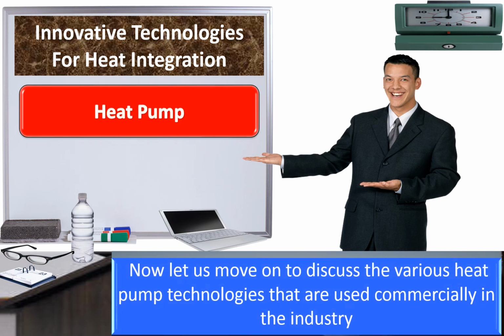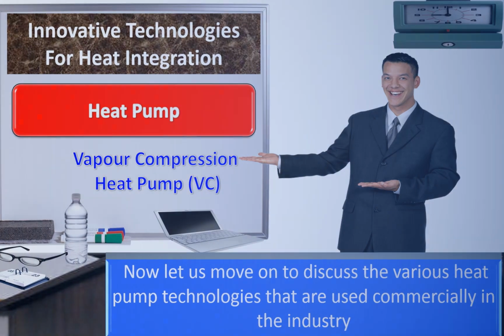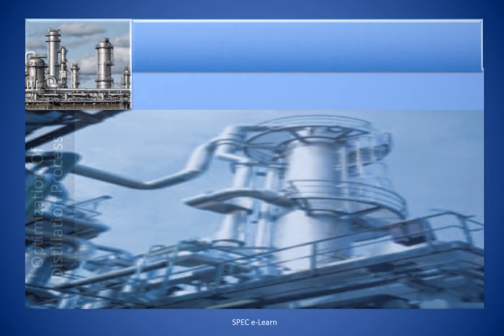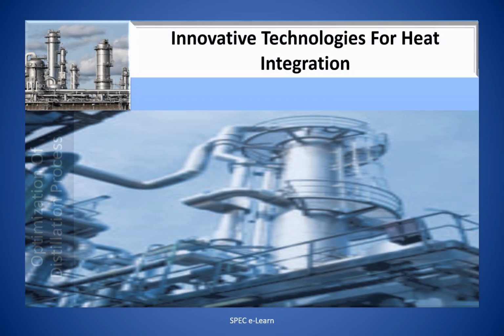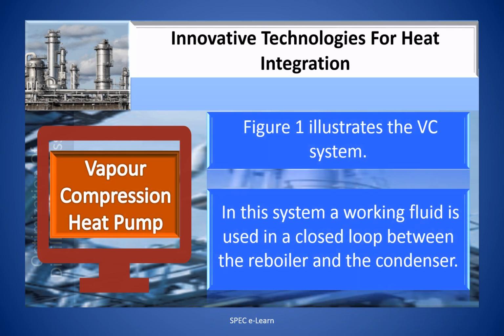Now let us move on to discuss the various heat pump technologies that are used commercially in the industry. First in the list is the vapor compression heat pump. Figure 1 illustrates the VC system. In this system, a working fluid is used in a closed loop between the reboiler and the condenser.